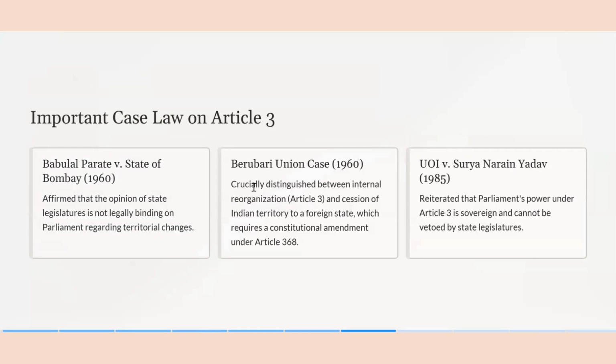The Berubari Union Case, 1960, crucially distinguished between internal reorganization under Article 3 and cession of Indian territory to a foreign state, which requires constitutional amendment under Article 368. Union of India versus Surya Narayan Yadav, a case from 1985, reiterated that Parliament's power under Article 3 is sovereign and cannot be vetoed by a state legislature.